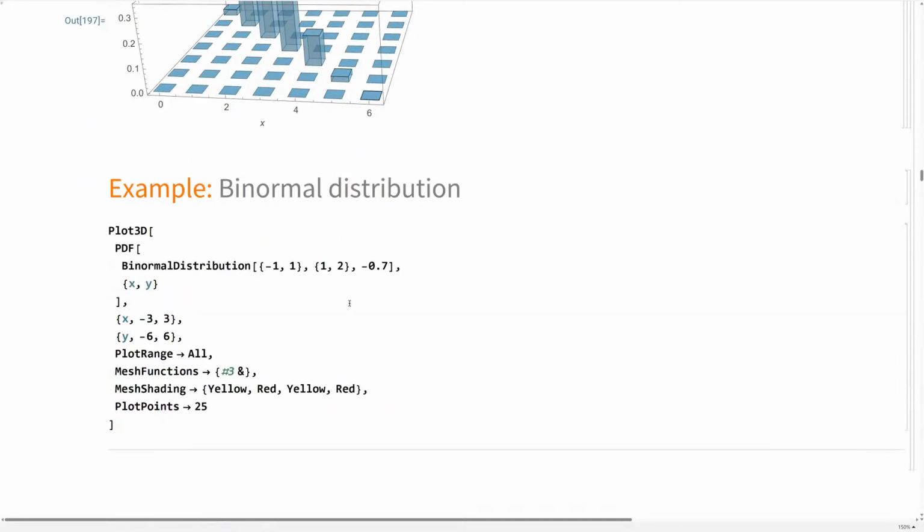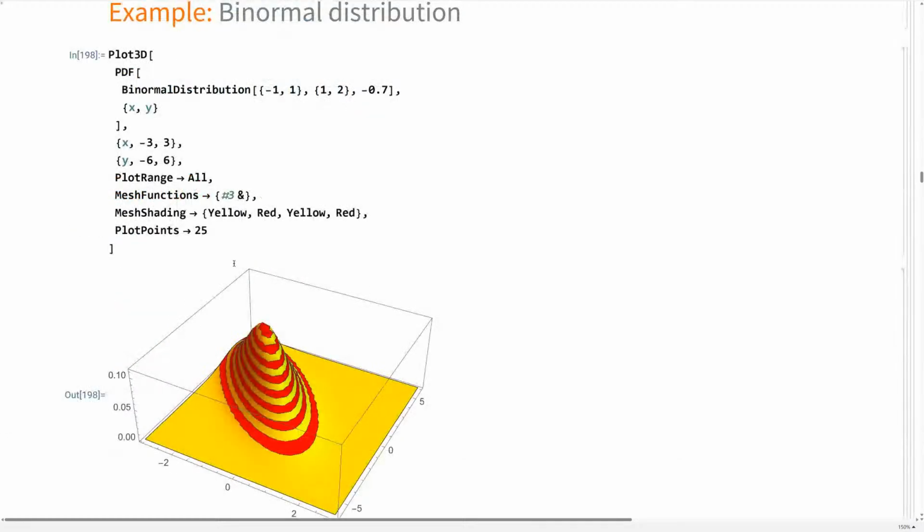And then this one is called the binormal distribution. Please note that it's binormal, because the first time I read this, I read it as binomial. This binormal distribution is like 2 normal distributions combined together. As you can see from the syntax, here is the first normal distribution, this one is the second normal distribution, and this one is the correlation of x1 and x2.